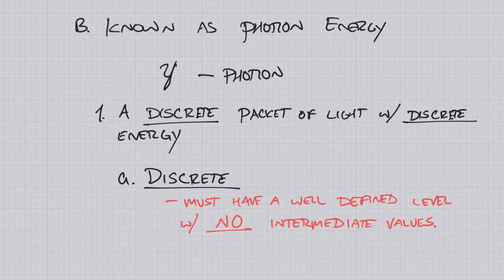So this concept of a photon of energy, right? A single particle of light is known as a photon. And that photon is carrying a very discrete amount of energy. Each wavelength of light carries its own amount of energy, in the form of E equals hf.